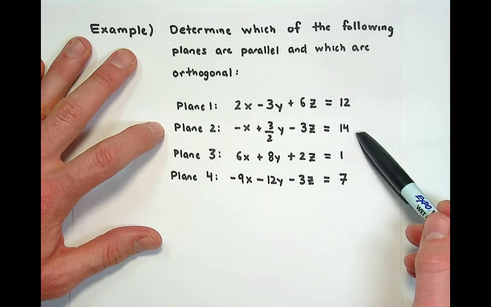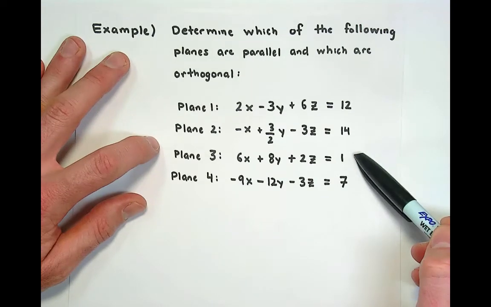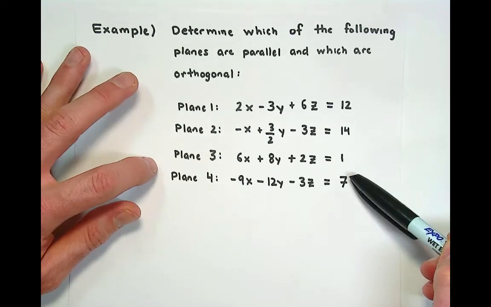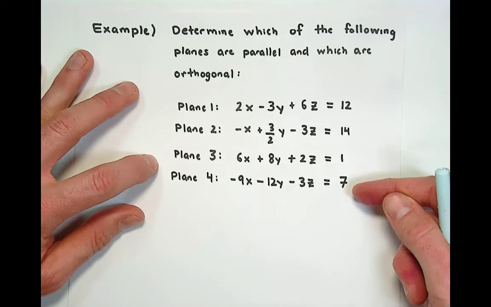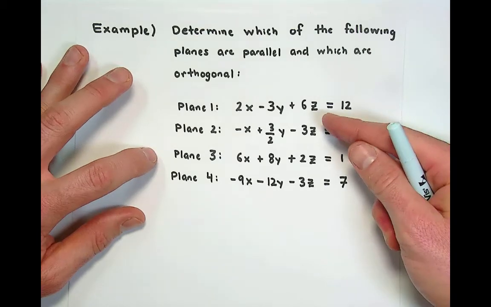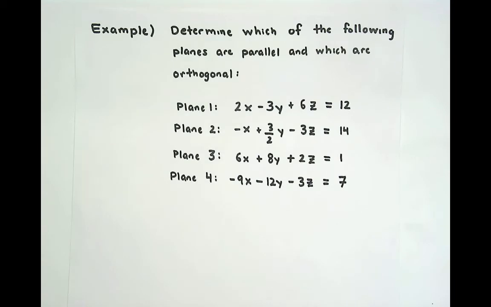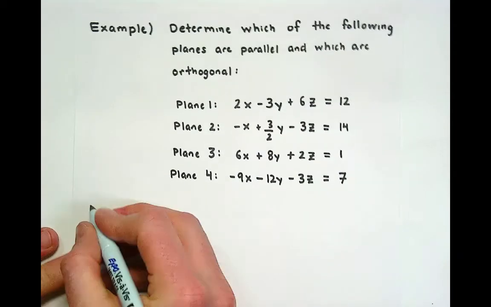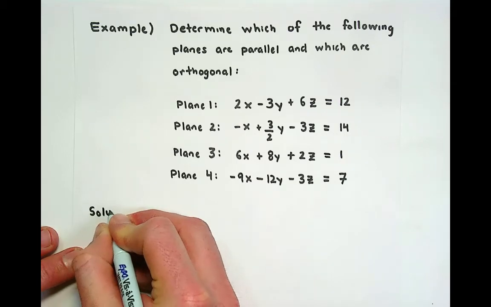Plane 2 is given by the second equation, plane 3 by the third equation, and plane 4 by the fourth equation. Notice these are all implicit equations because the output variable z is not explicitly written as a function of x and y. We want to determine which are parallel and which are orthogonal.